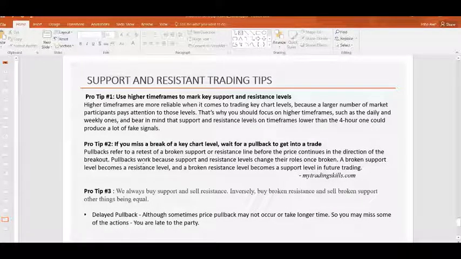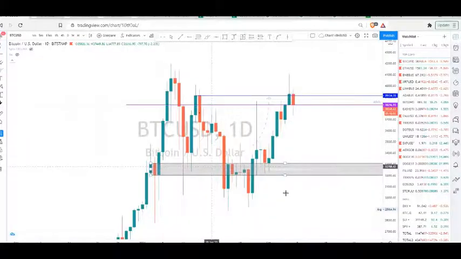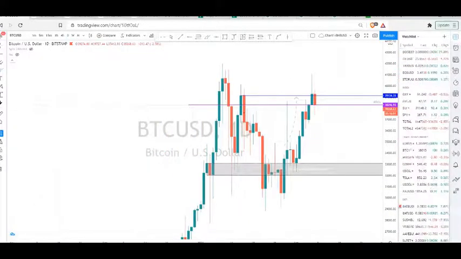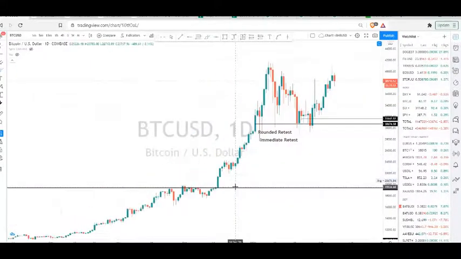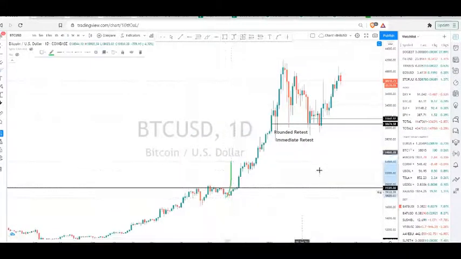So pullbacks work because support and resistance levels change their roles once they are broken. So a broken support level will become a resistance level, and a broken resistance level becomes a support level in the future. I think we've explained that a lot. This is a good example.